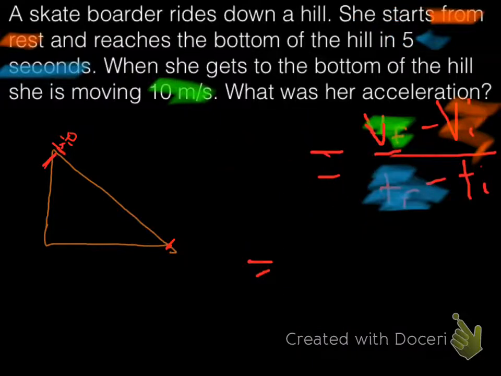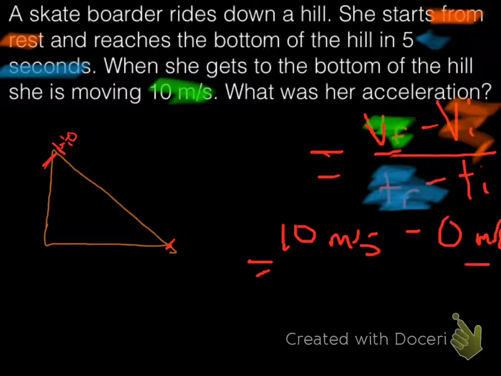Now that we've identified everything, let's plug the numbers in here. The final velocity, which we decided was going to be 10 meters per second, go ahead and write that down. Remember to include your units. And then our initial velocity, since it started from rest, as the problem states, we're going to call that 0. So we're going to subtract 0 meters per second.